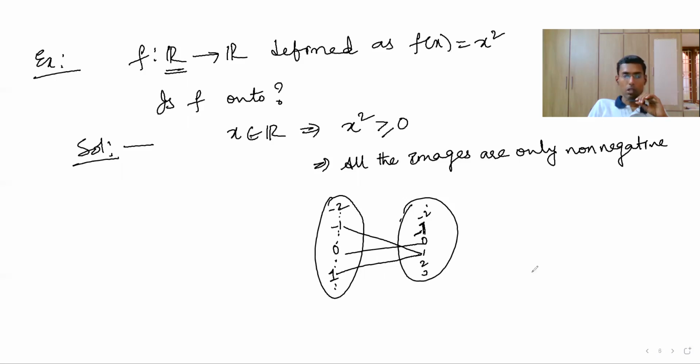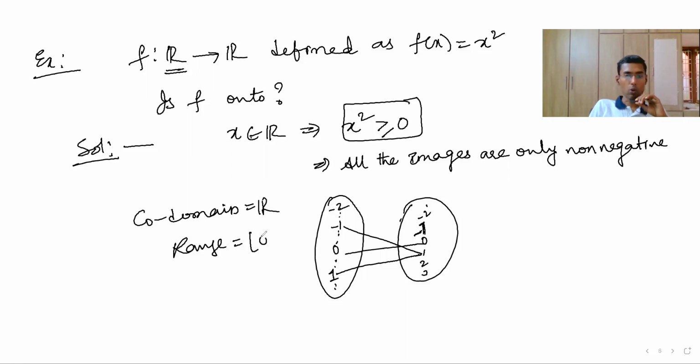Like that, here also, what is codomain? What is range? Range we can always find. Codomain is all real numbers. Range is only x square, from 0 to infinity.